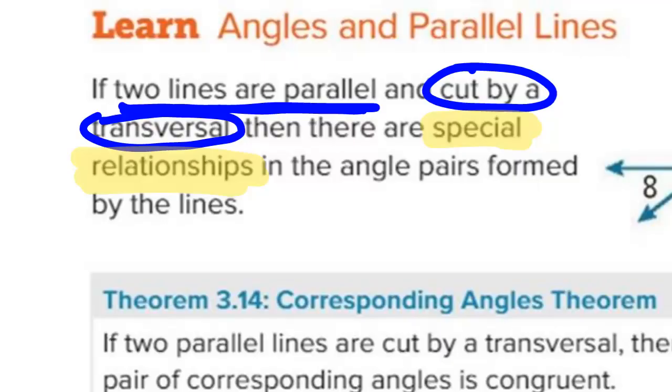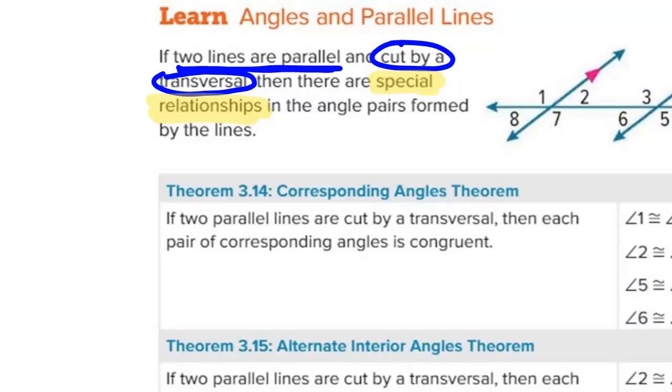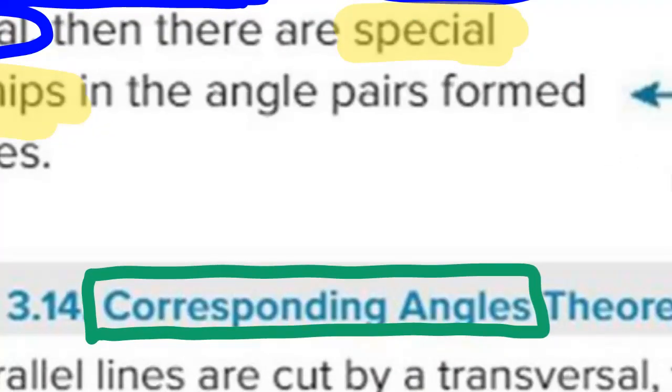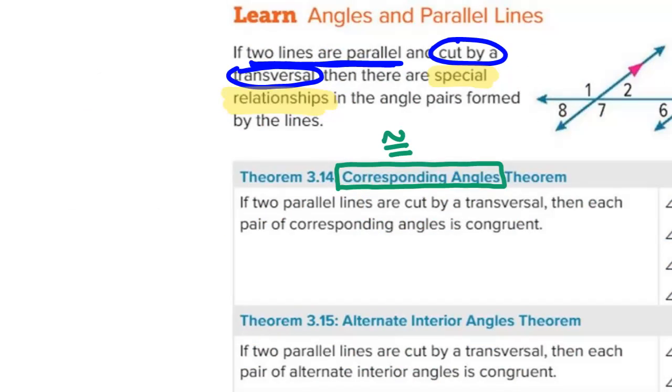All right. Corresponding angles are congruent. The corresponding angles theorem says if 2 parallel lines are cut by a transversal, then each pair of corresponding angles is congruent.